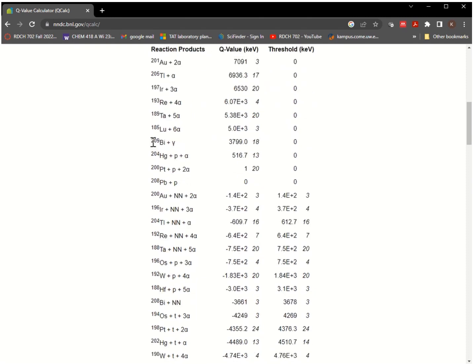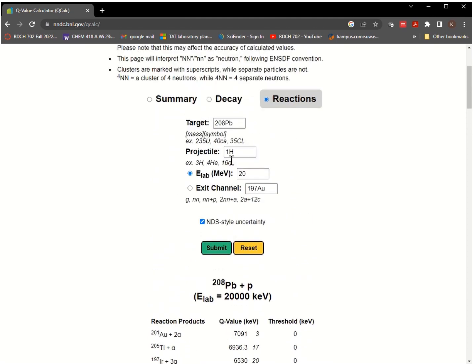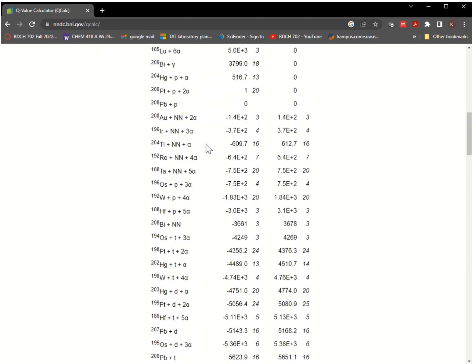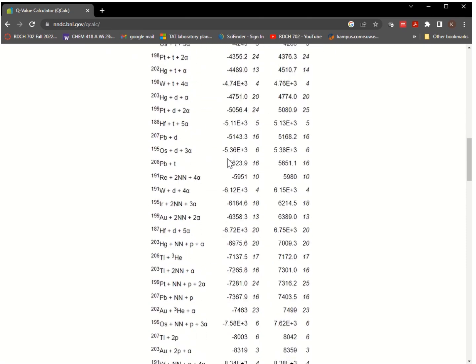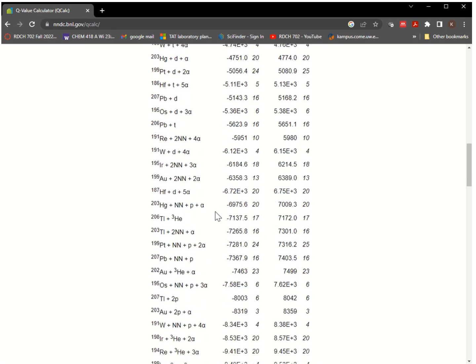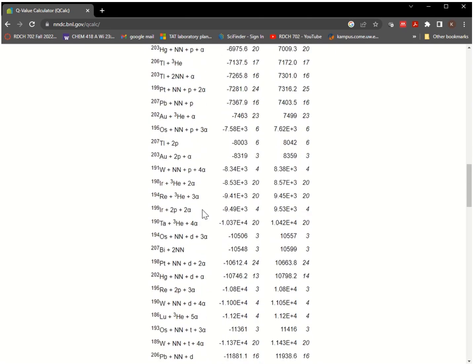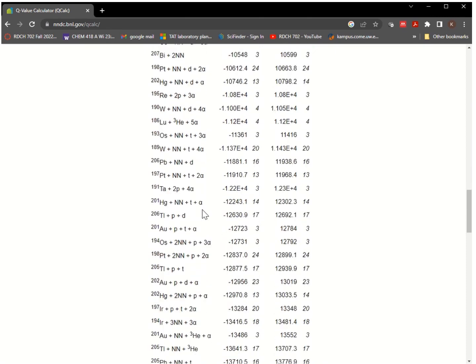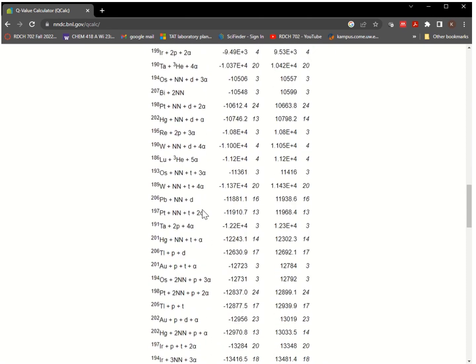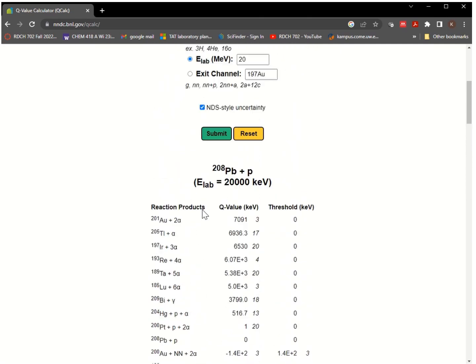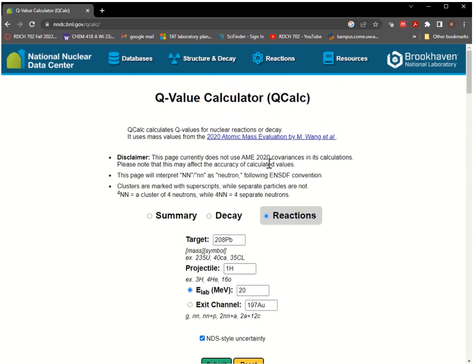Here's just bismuth-209 emitting a gamma, so it just absorbs that proton. As you can see, for a given nuclear reaction, there are lots of different probabilities and different reaction mechanisms that can occur. These probabilities for each reaction are described by a cross-section, and we'll describe that later in the course. So you see from this Q value calculator site, you can get lots of information for a summary of an isotope, a specific decay, or any reaction you can possibly think of.